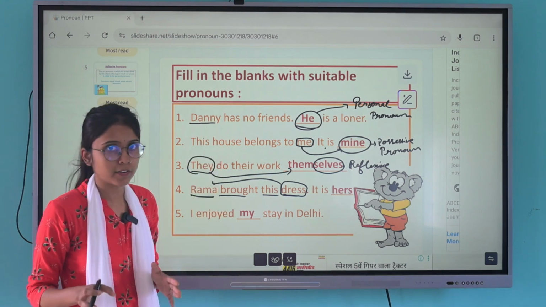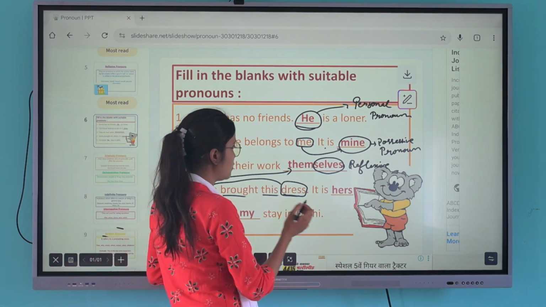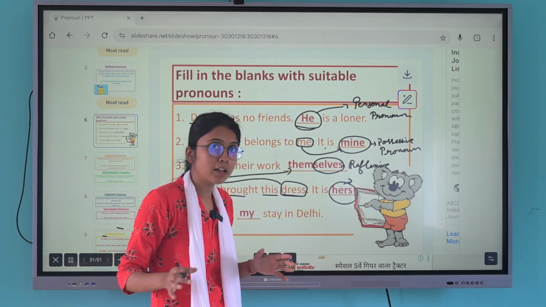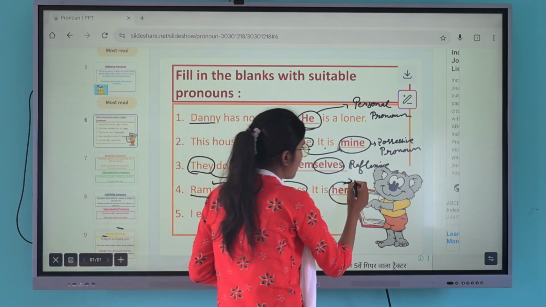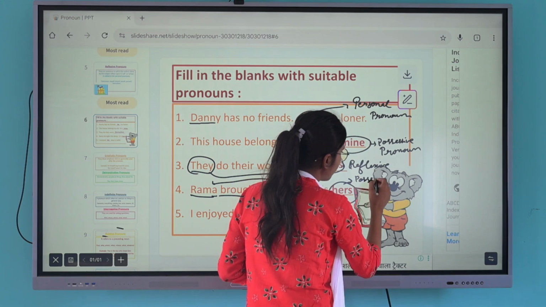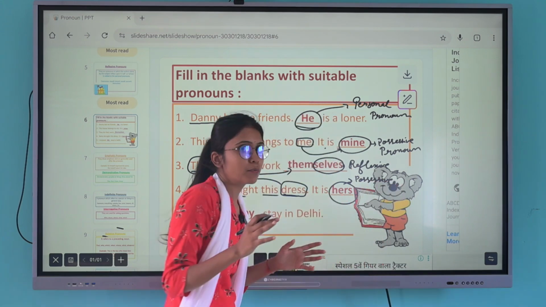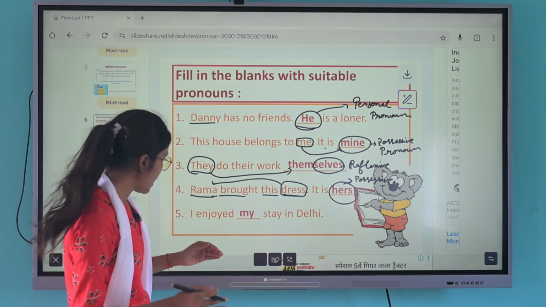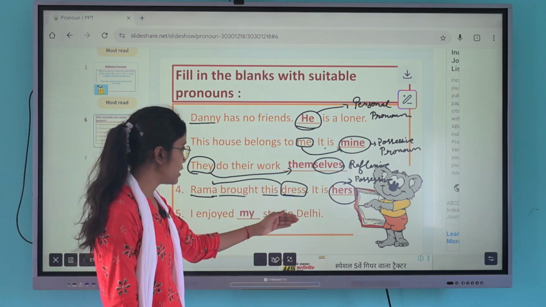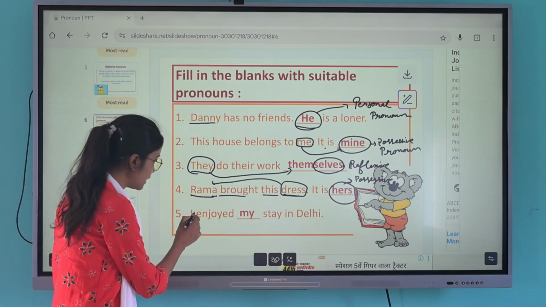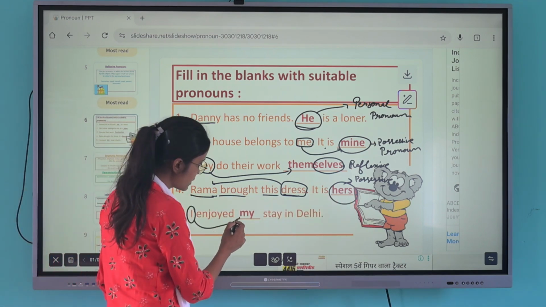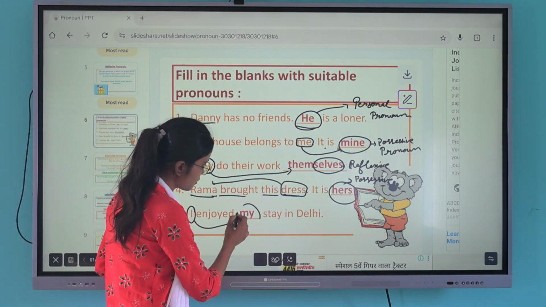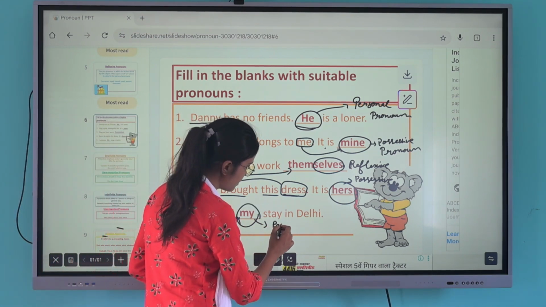This is Rama's dress, so for Rama we will use hers. Which type of pronoun is it? Yes, possessive pronoun, because a possessive pronoun shows ownership. Let's move towards question number 5: I enjoyed my stay in Delhi. Here it is written I, so for I we will use my. It replaces the pronoun I, so it is included in personal pronouns.